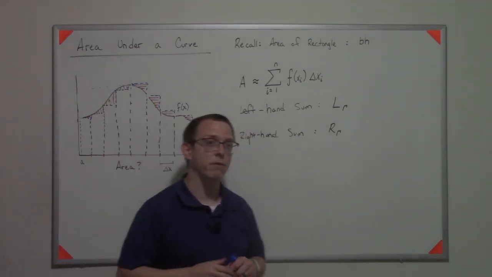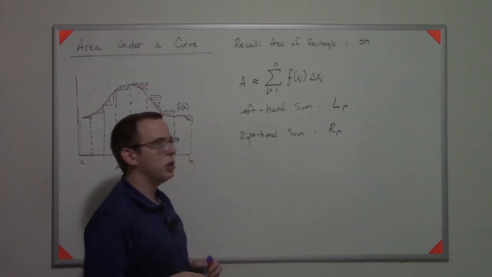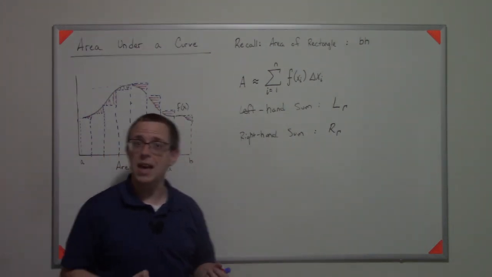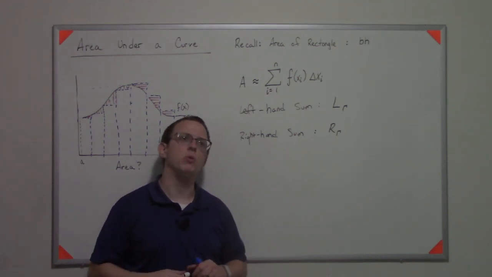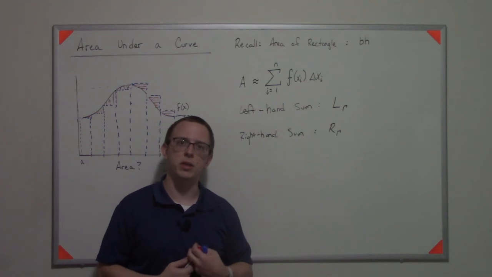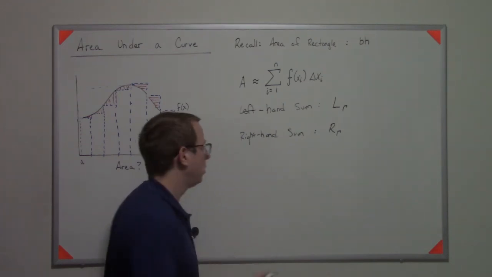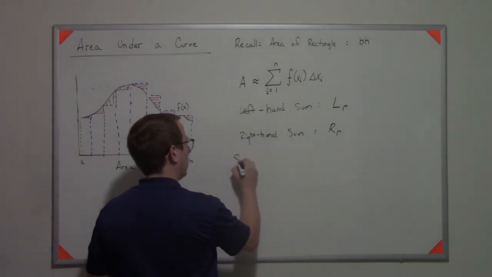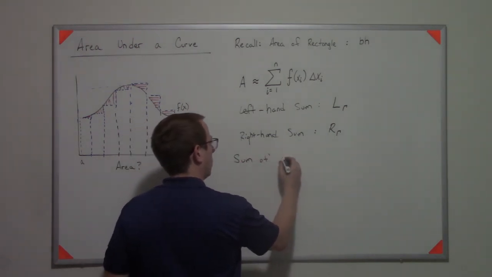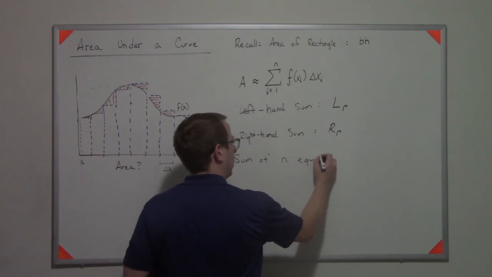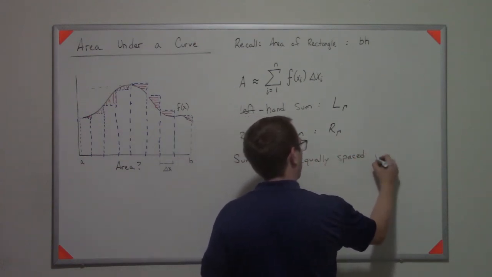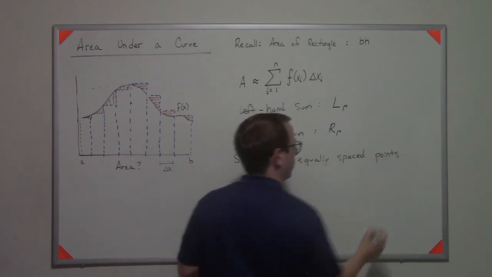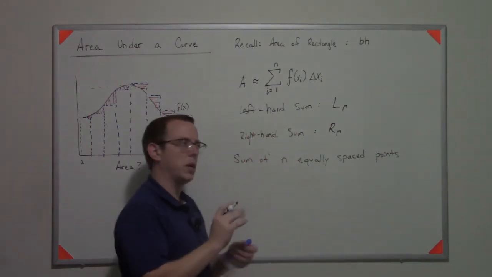You'll see these left and right-hand sums, but generally speaking, we will be using S as our notation for the sum, and specifically, we will use S sub n to represent the sum of n equally spaced partitions.